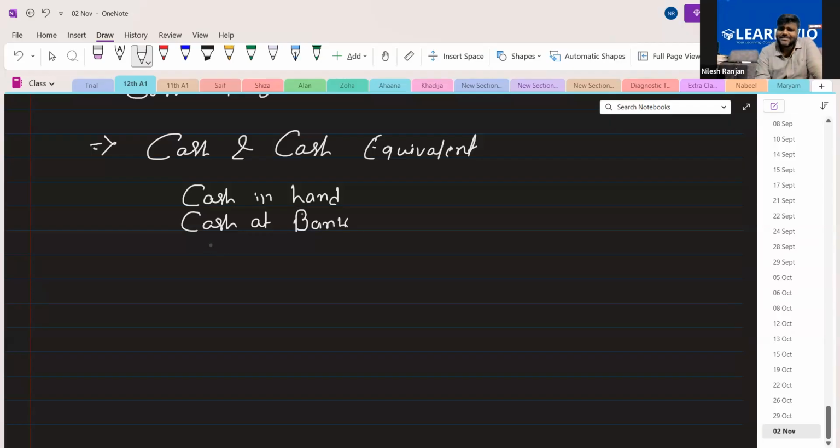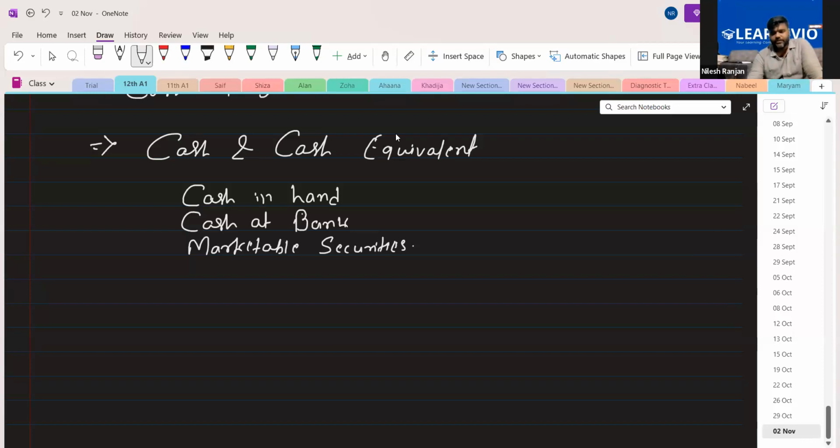There can be checks and drafts in hand also. Then there are marketable securities or very short-term investments. So marketable securities are included in cash and cash equivalent.